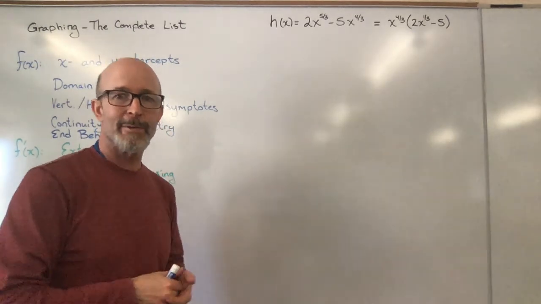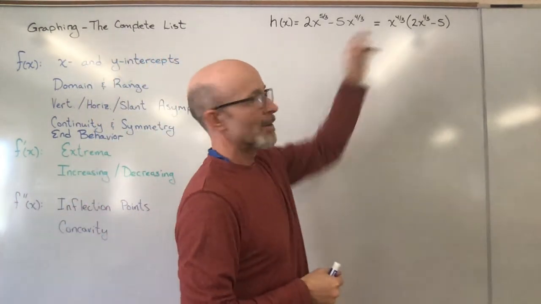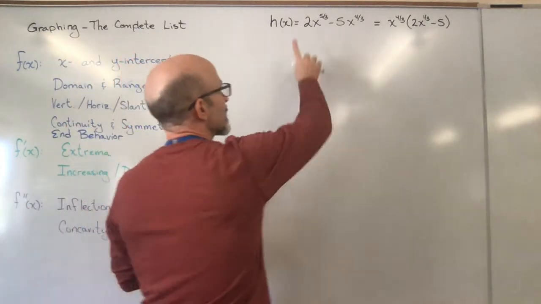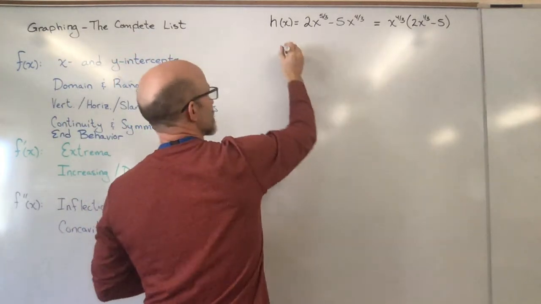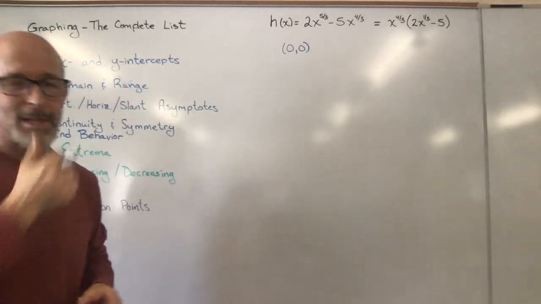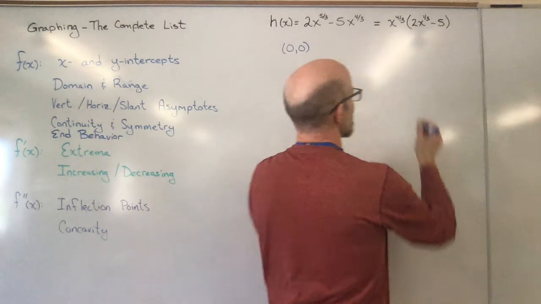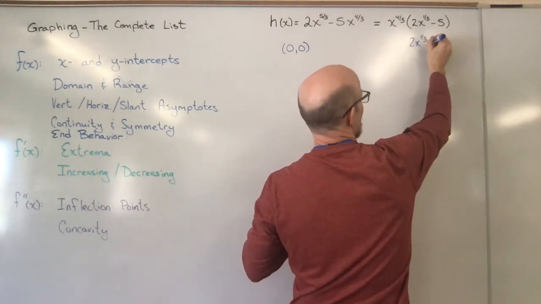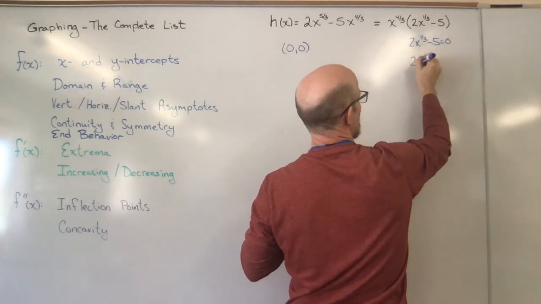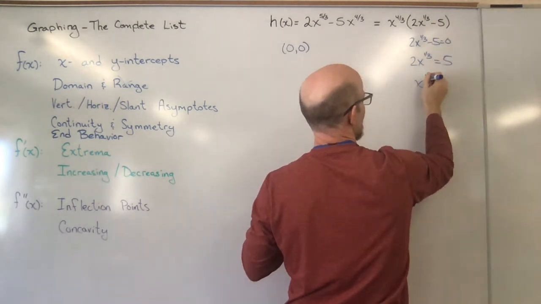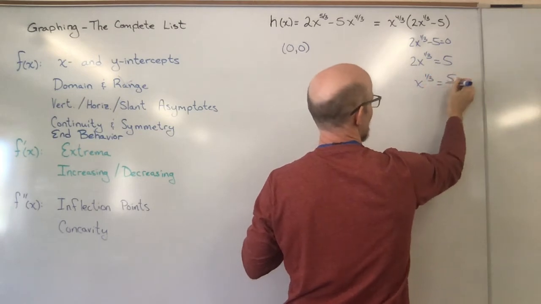And to find some of this information, it really helps to factor. Once again, if you want to find those x-intercepts, factor it and see what values will make this equal to 0. Now this bit's a little trickier. You might actually have to solve that and say, if I've got that equal to 0, how can I find my x-intercept?